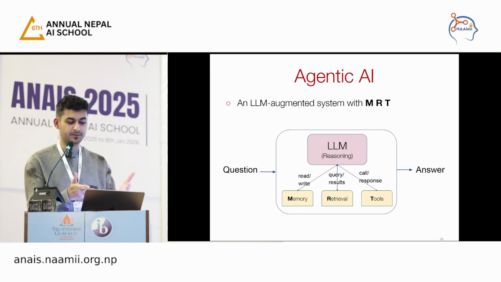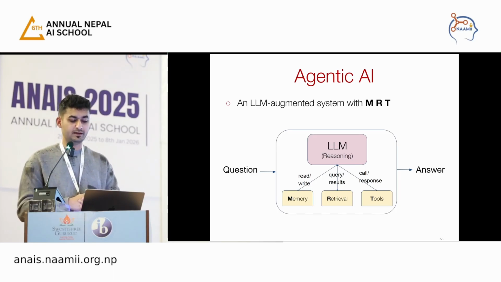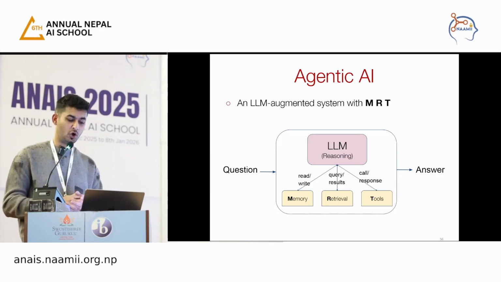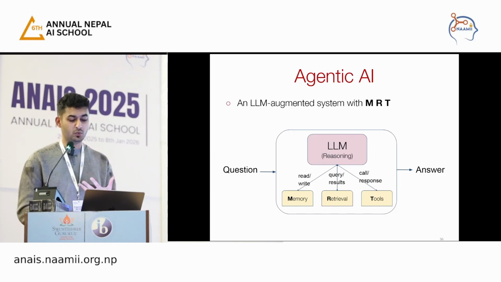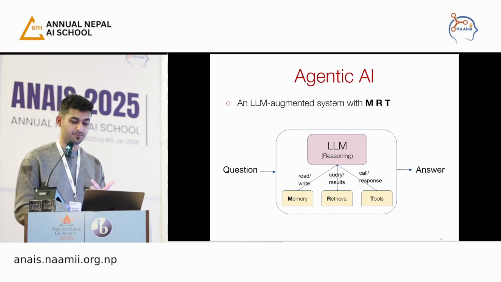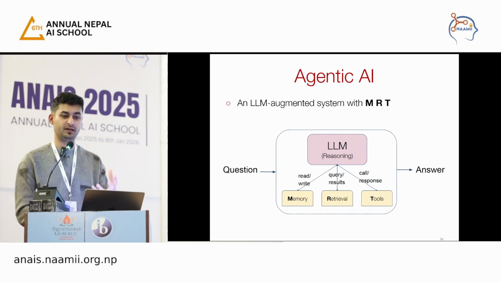So the agentic AI system looks something like this. It's an LLM-augmented system, or we can also call it a multimodal LLM-augmented system these days, with MRT. MRT stands for memory, retrieval, and tools. When you give a question and you need an answer, we have a reasoning LLM predominantly.